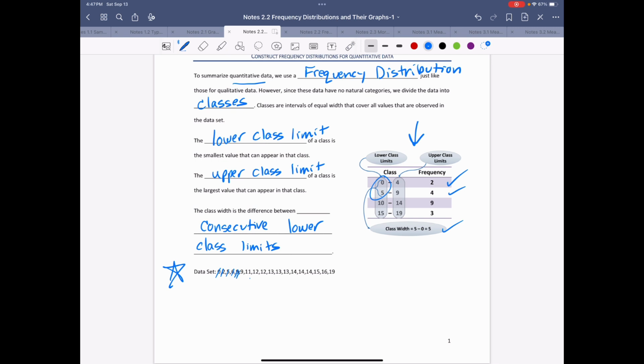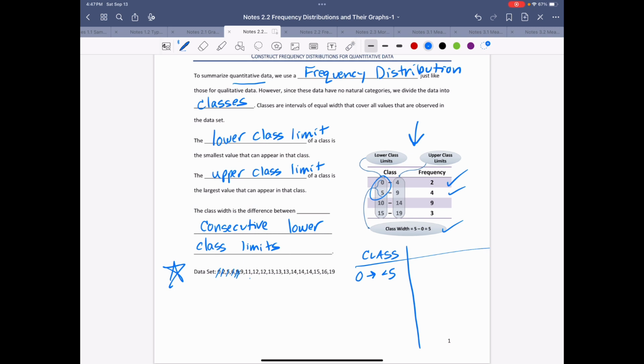Now, that's how the classes and the frequency are done here. But another way that you want to be able to think about it is like this. Instead of saying 0 to 4, I'm going to use the lower class limits and say 0 to less than 5, because 4 is the first integer that's less than 5.